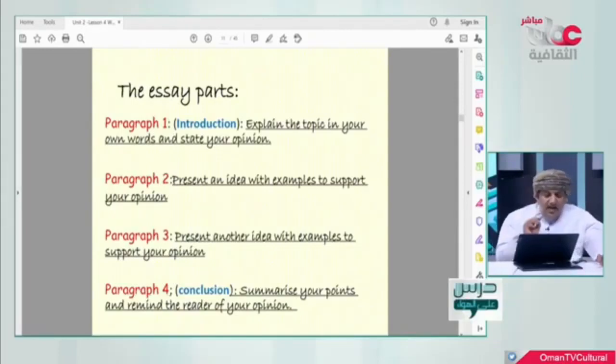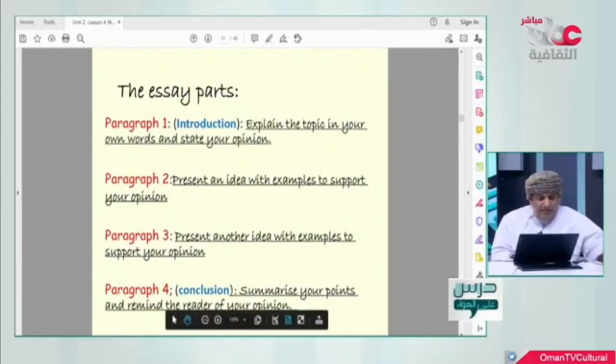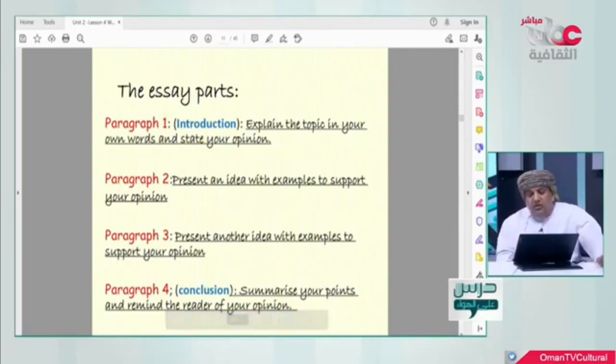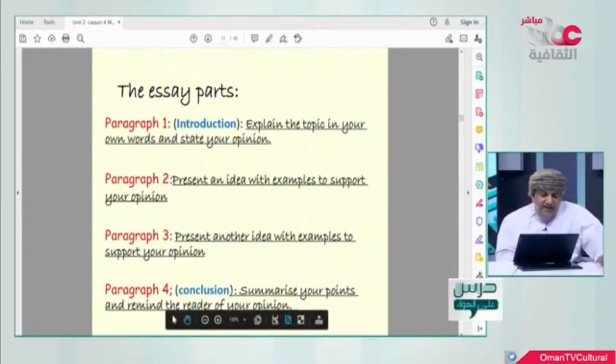In the second paragraph of the main body, you are going to present another idea, not the same idea, another idea with an example to support your opinion. The final one will be the conclusion, النهاية, الخاتمة. So you are going to summarize your points and remind the reader of your opinion.